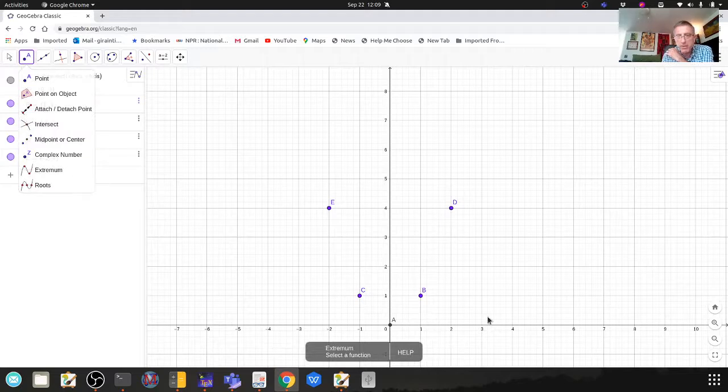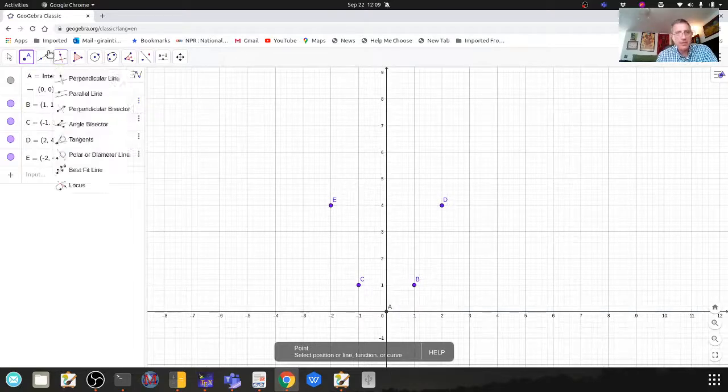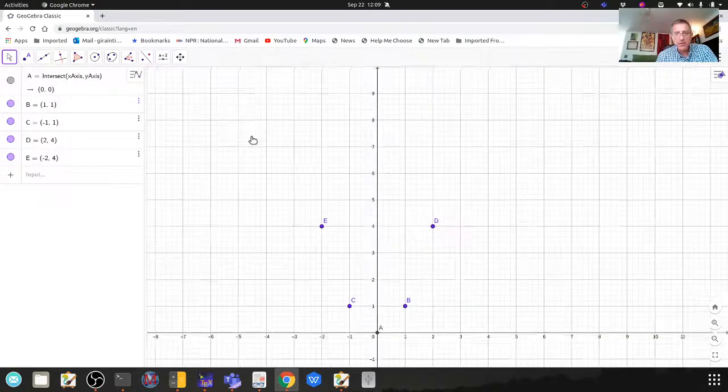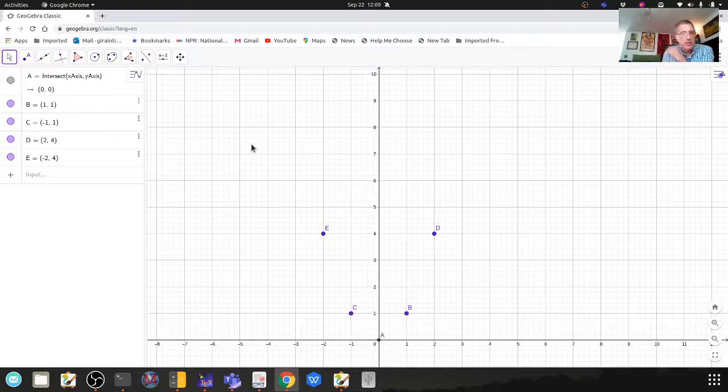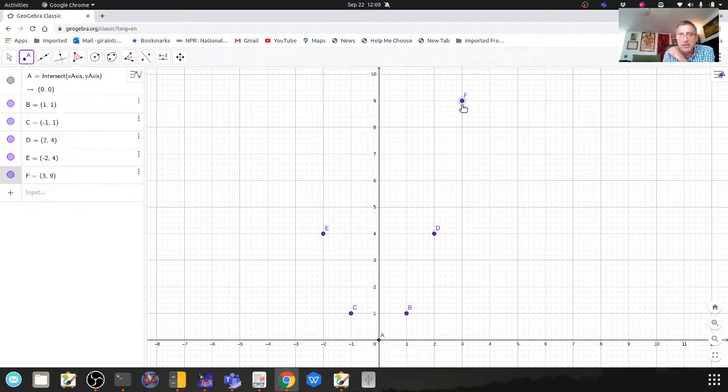My next point was 3. I'm going to have to bring it up just a little bit further or shrink that. So the next point was 3, and 3 squared is 9, minus 3, and 3 squared is 9.